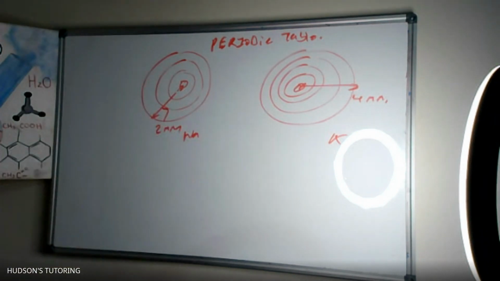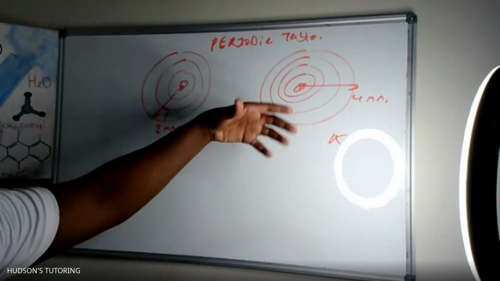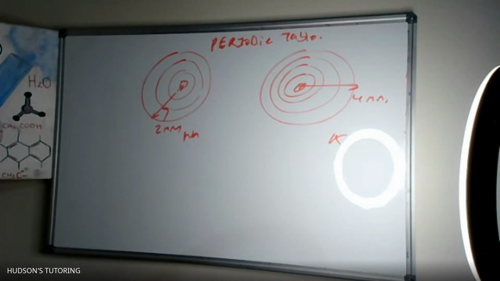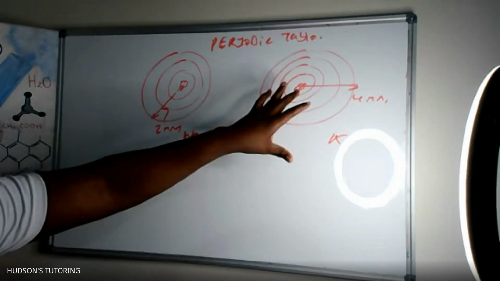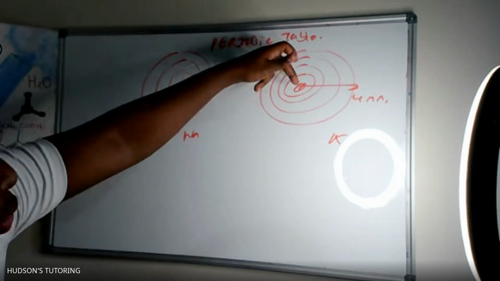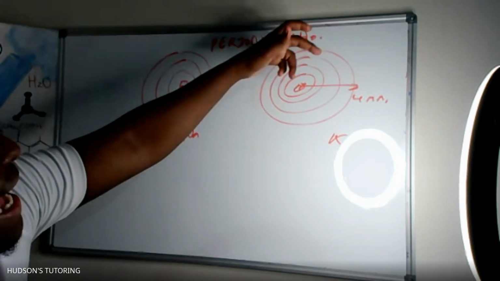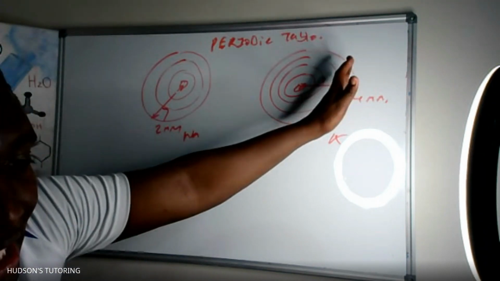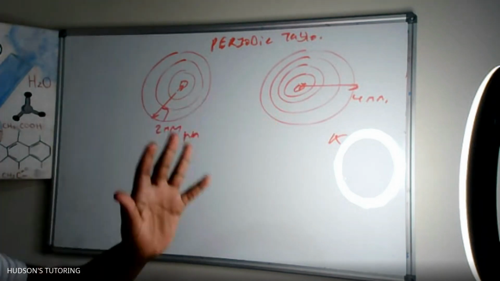So as you go down the group, because the number of shells is increasing, the number of inner electron shells is also increasing. But what does this mean? Remember, I just said that there's an electrostatic force of attraction between the positive nucleus and the electrons on each orbital. It makes perfect sense.